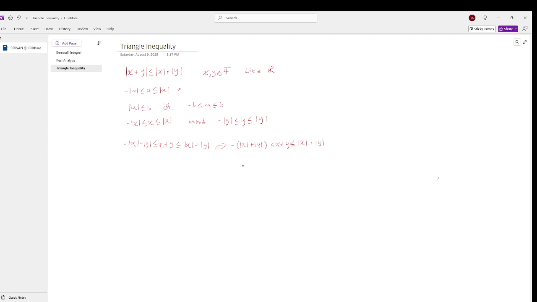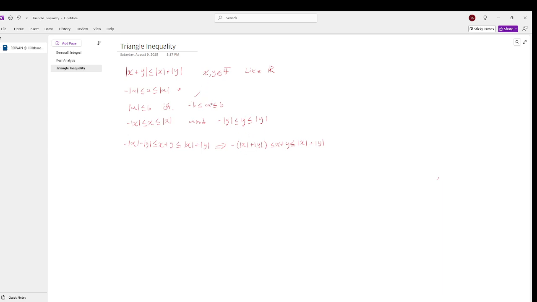What we have just done, we actually proved the triangle inequality, because if you put this into the second result right here, where the absolute value of a is less than or equal to b if and only if negative b is less than or equal to a is less than or equal to b, this will be our b, negative b, this is b, negative absolute value of x plus absolute value of y.